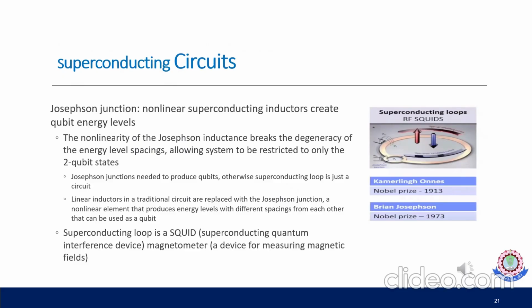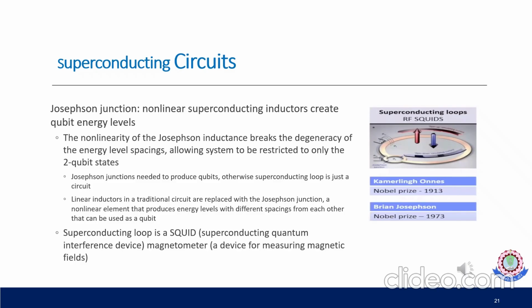Superconducting loops present in qubits contain a junction termed a Josephson junction, a nonlinear superconducting inductor which creates the qubit energy levels. The nonlinearity of the Josephson junction breaks the uniformity of the energy level spacings, allowing the system to be restricted to only the two qubit states.